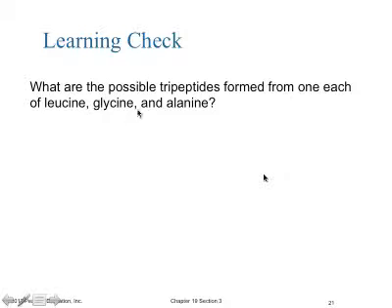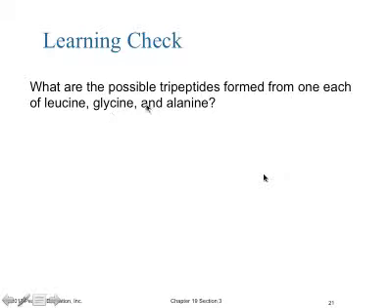So if I change it up, now I have three different amino acids, then it would be more. When I had two glycines and an alanine, it was only three different ones, and now it is six. Before I had three amino acids, but two were the same, and I formed three different tripeptides.